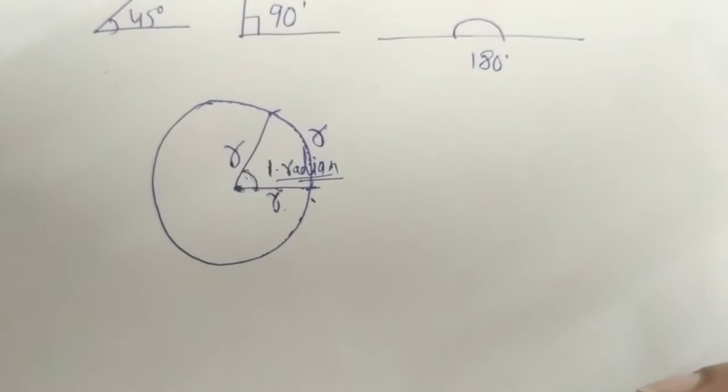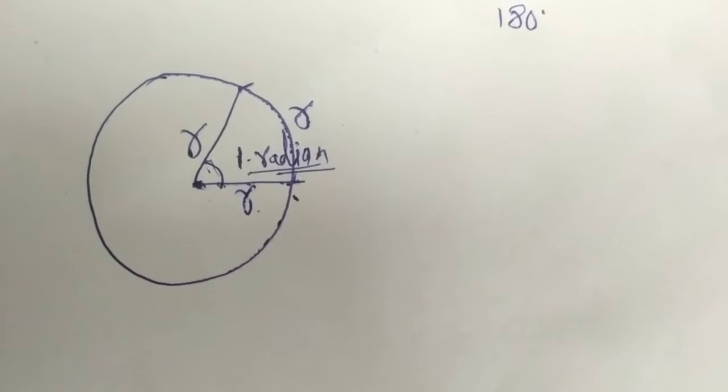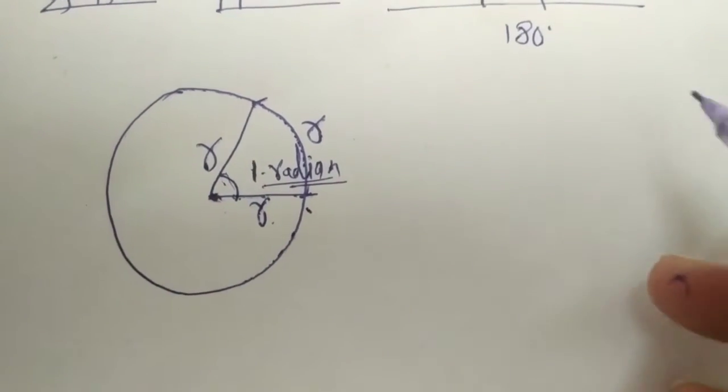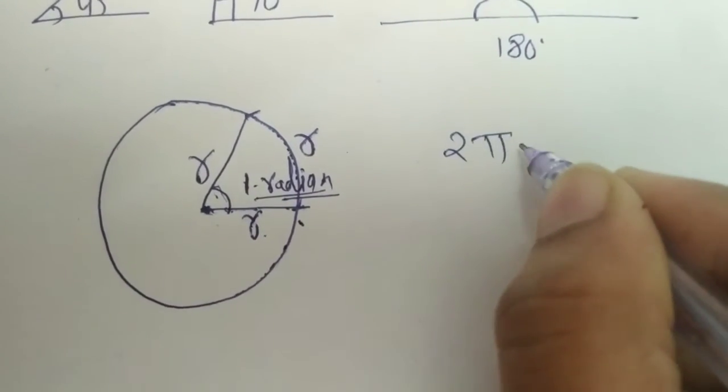Okay, now let us talk about the circumference of the circle. That is, the total is 2 pi r.